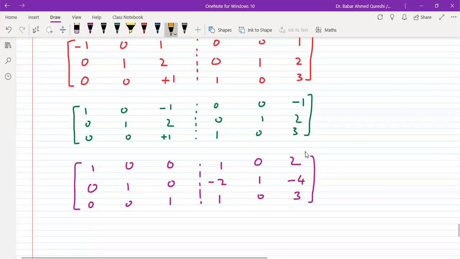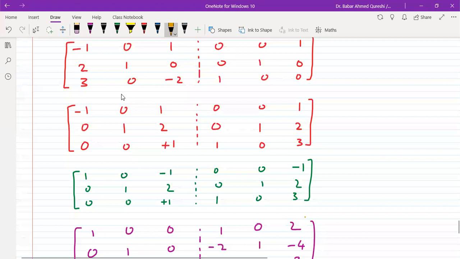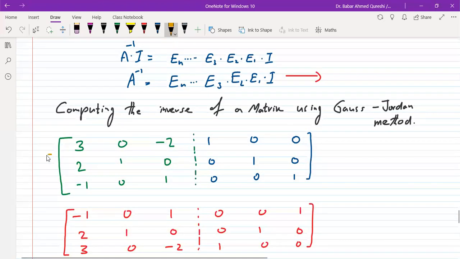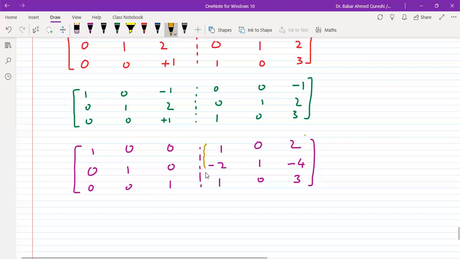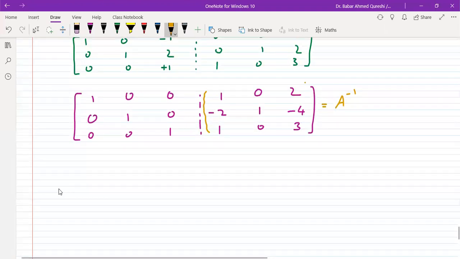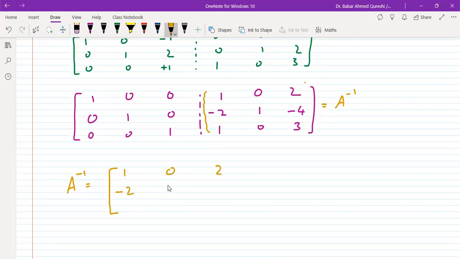So the claim is that if our starting matrix was A, let's call it A, this part, then this part is A inverse. So A inverse is 1, 0, 2, minus 2, 1, minus 4, 1, 0, 3.